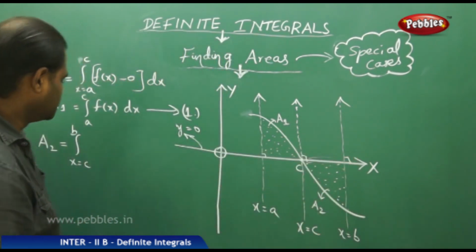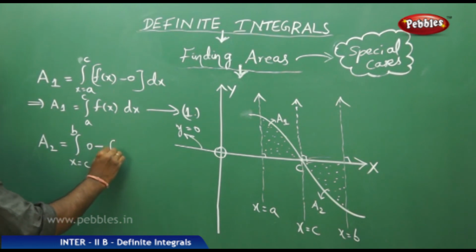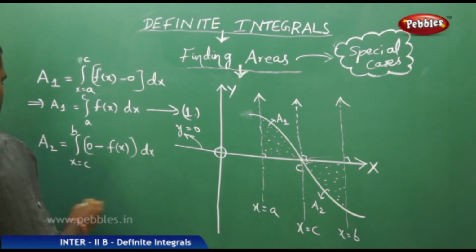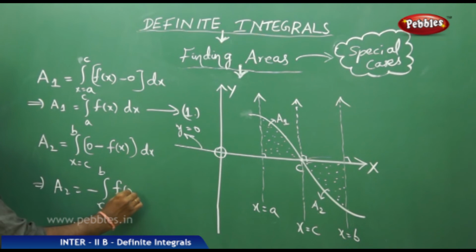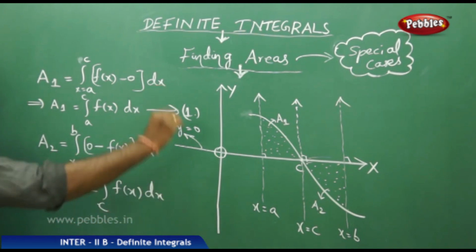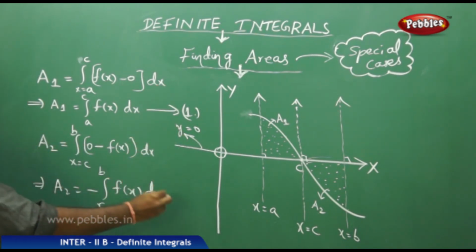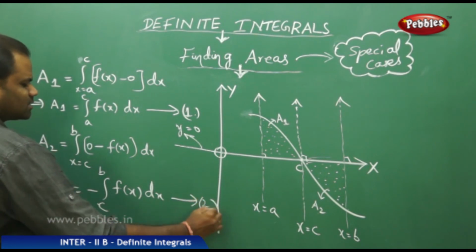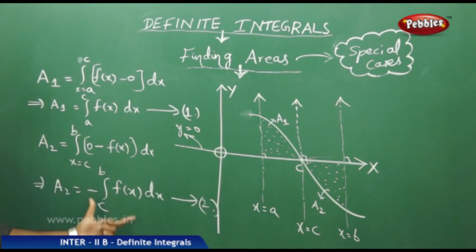So the upper curve, which is 0, minus f of x dx, that implies A2 is minus integral c to b f of x dx, which is what we get as equation 2.